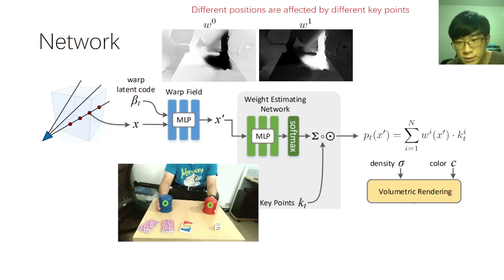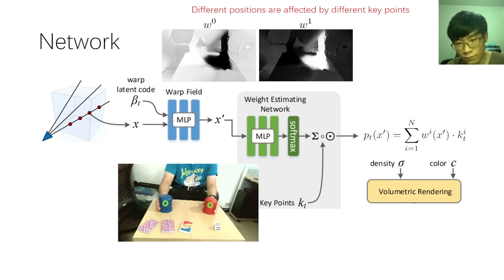And different locations in the canonical space should be affected by different key points. So for each point, we use a network called the weight estimating network to decide which key point should control its dynamics. This network takes the canonical query point as input and outputs its key point weights.